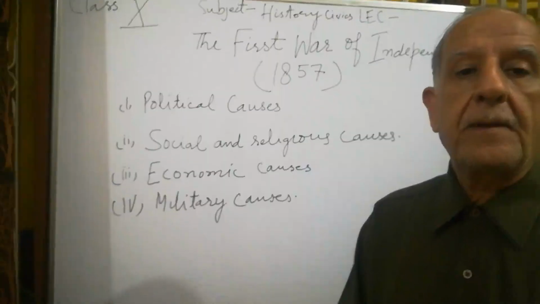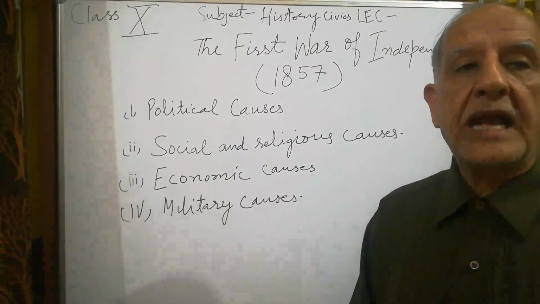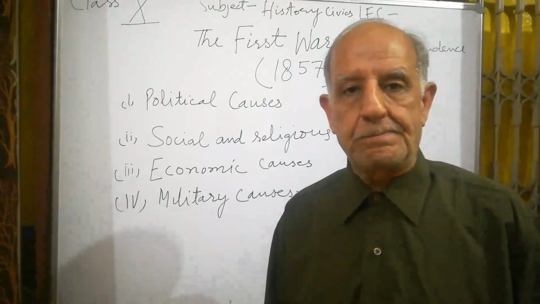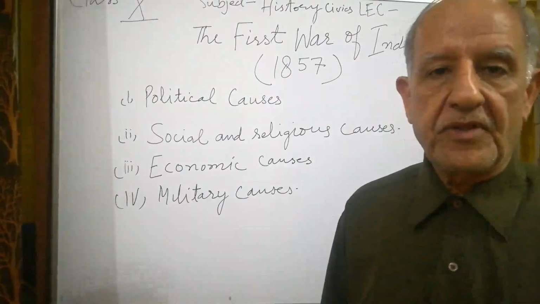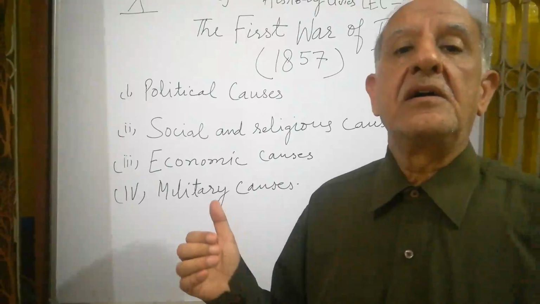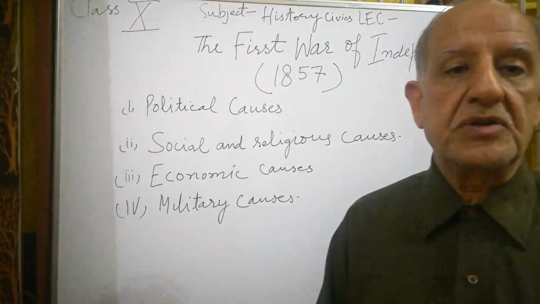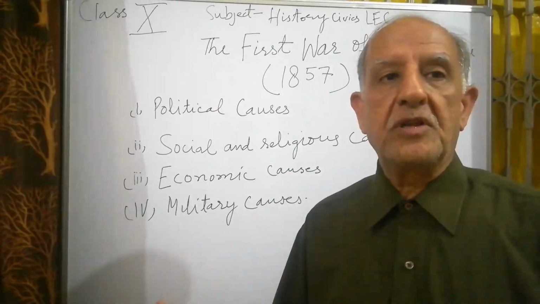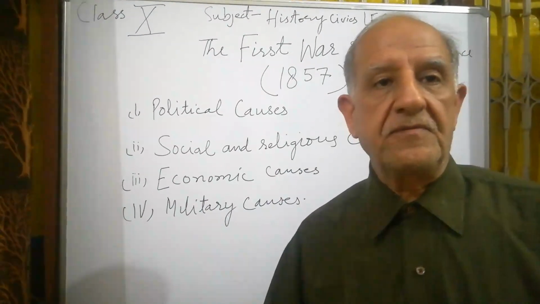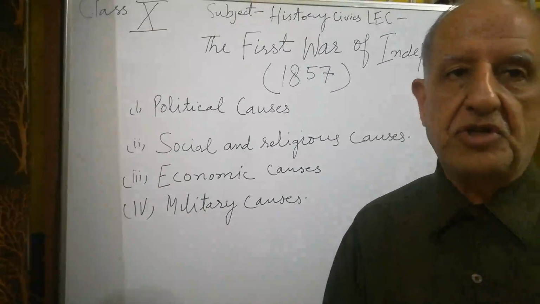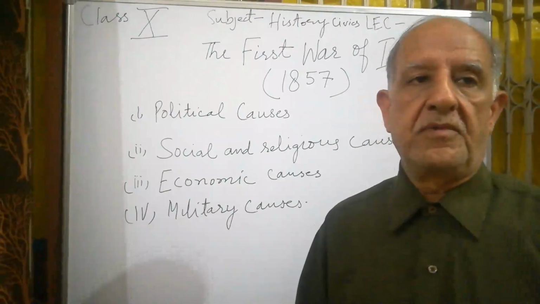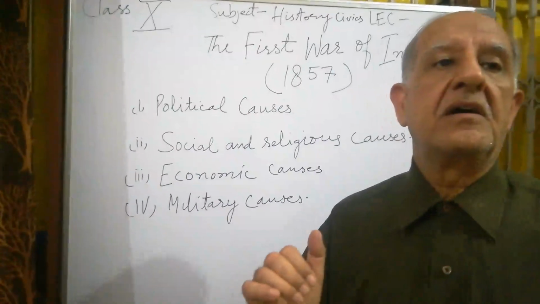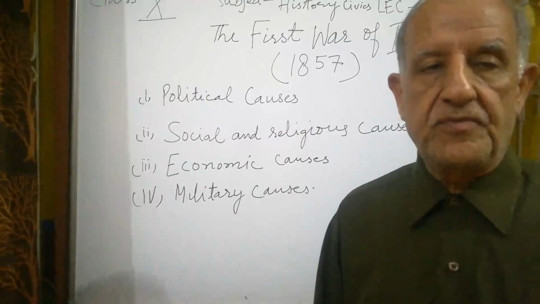For example, no tax was imposed on the property which was attached with the church, but tax was imposed on the property which was attached with the temples and the mosques.